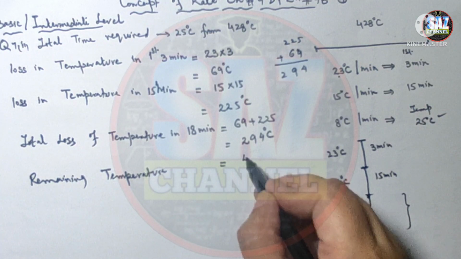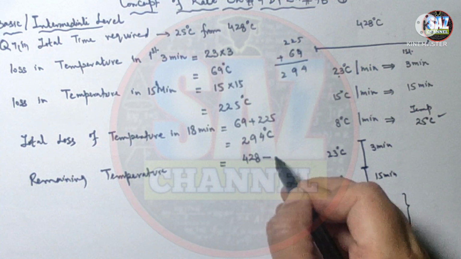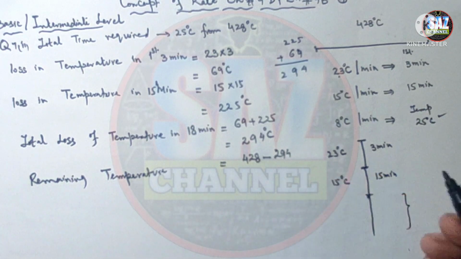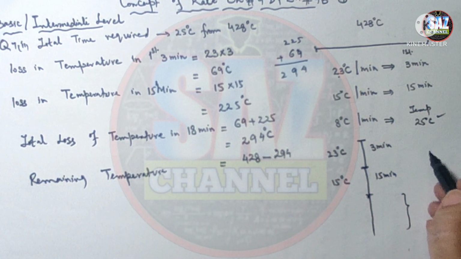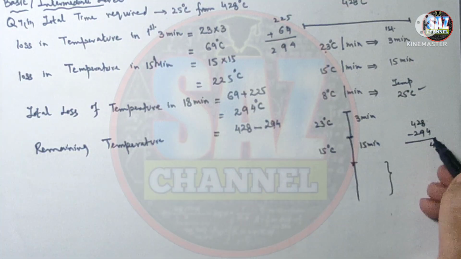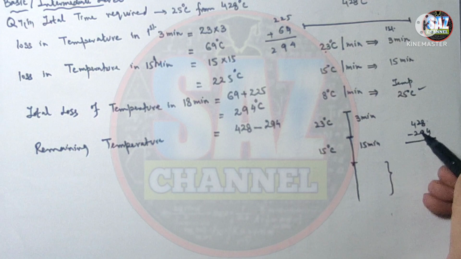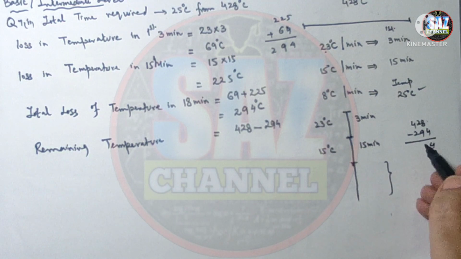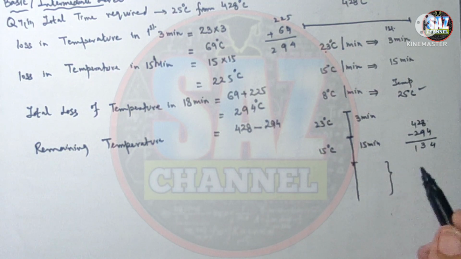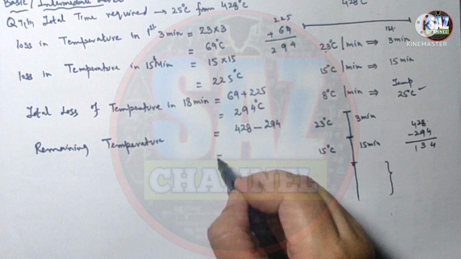That will be equal to 428 minus 294. 8 minus 4 is 4, and here 2, I cannot take away 9 from 2, so 12 minus 9 is 3. 134 degrees.